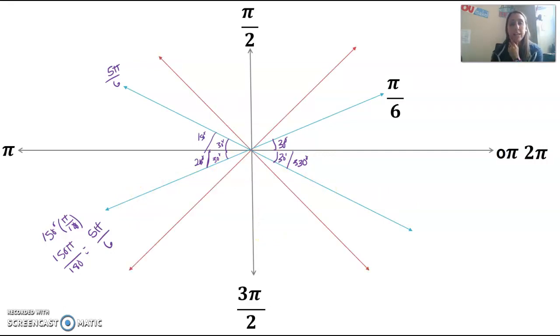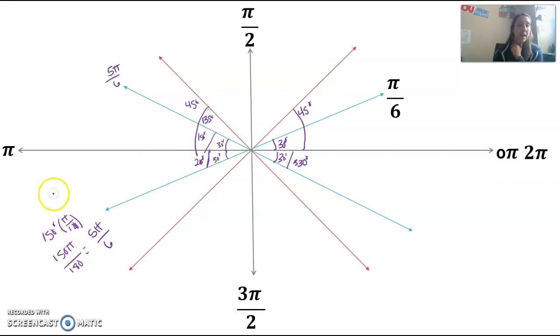Then we can do this one. This is going to be 45 degrees. And again, all of these have a 45. So this one right here would have 45 degrees, but then it's also 135.